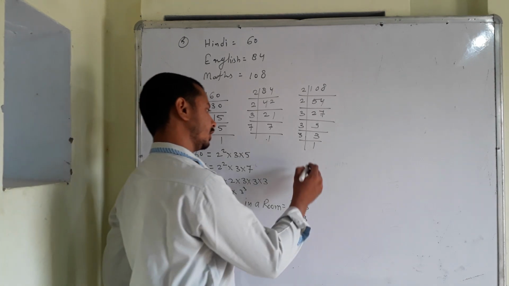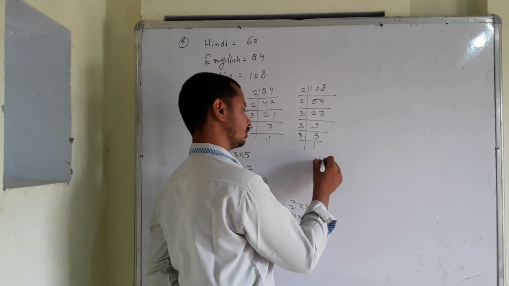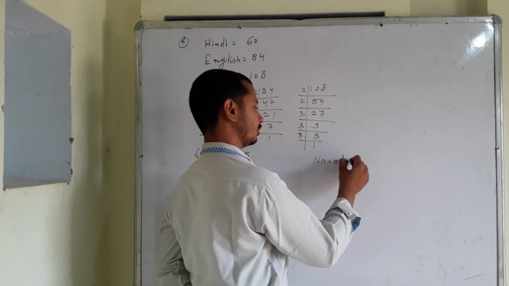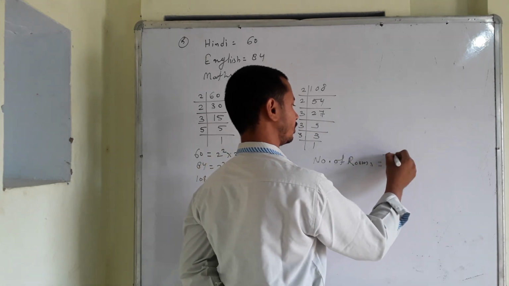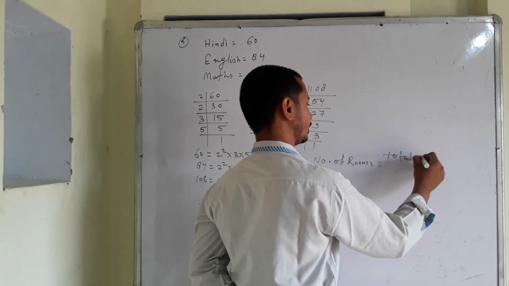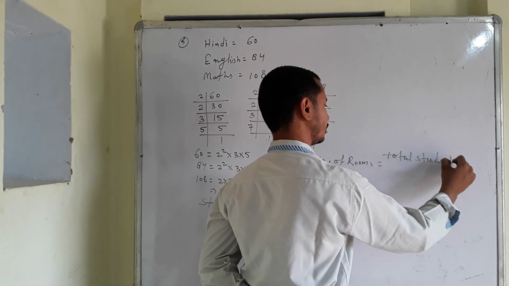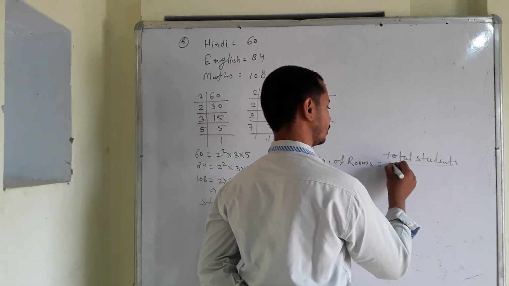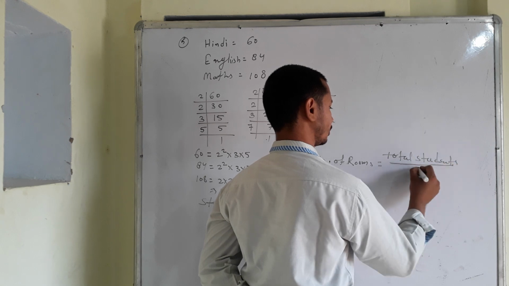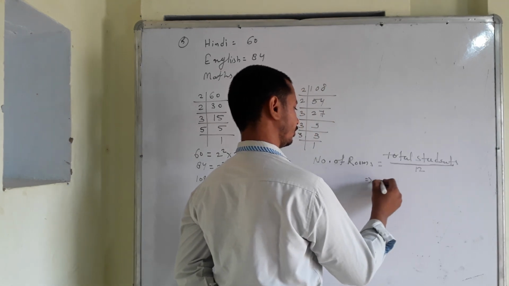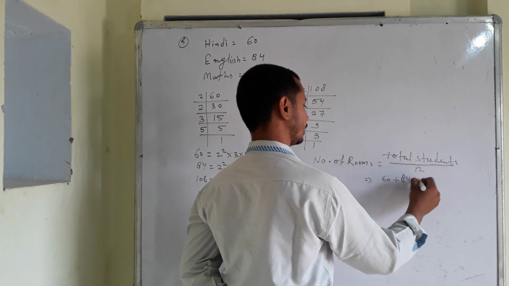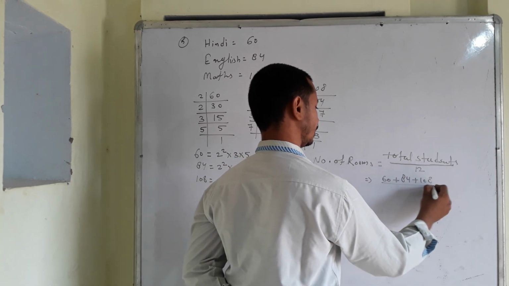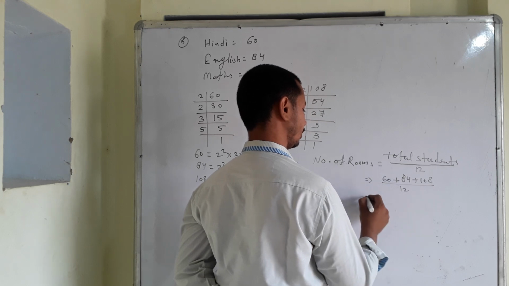Okay, and the number of rooms equals total students upon 12. So 60 plus 84 plus 108 divided by 12.